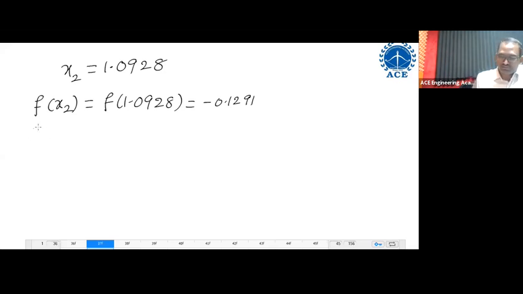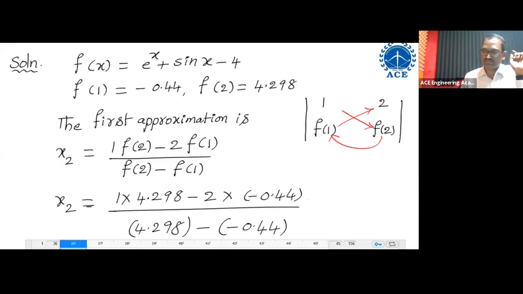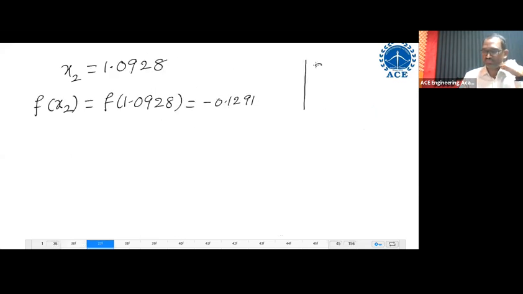Now the first secant line was drawn passing through x0, x1. The next secant line should be drawn passing through x1, x2. What is x1? x1 is 2, given in the problem. x2 means 1.0928.